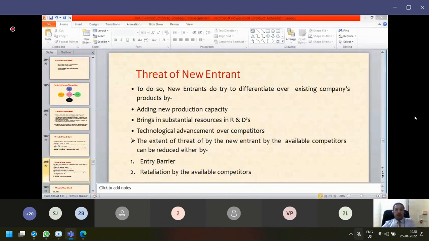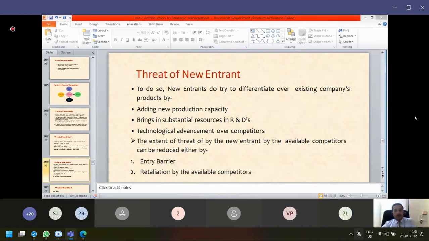Then technological advancement: they will try to bring in some technologically advanced products which the existing competitors do not have. So like that, these new entrants may be entering into the industry by differentiating their product in different ways.